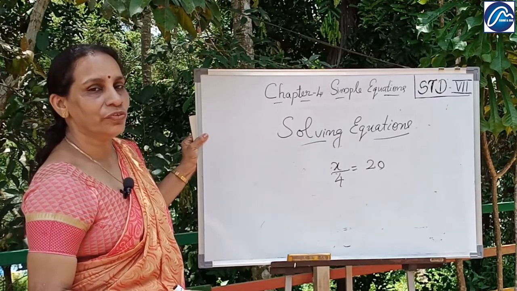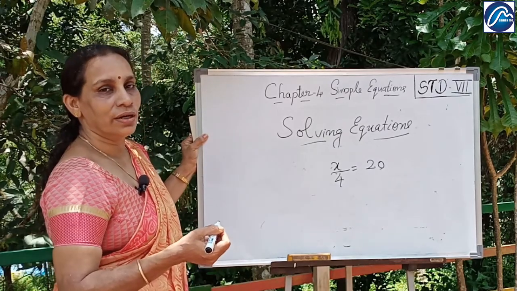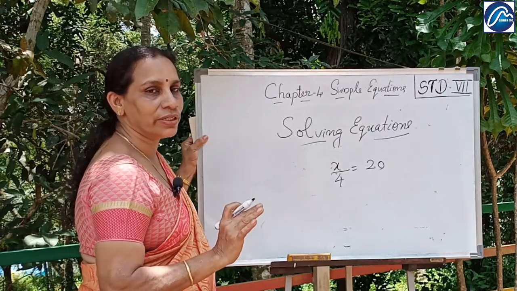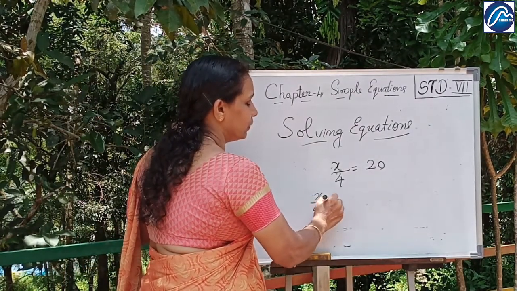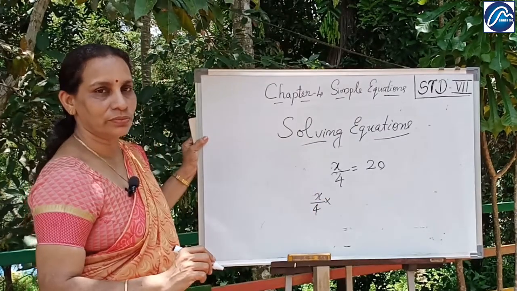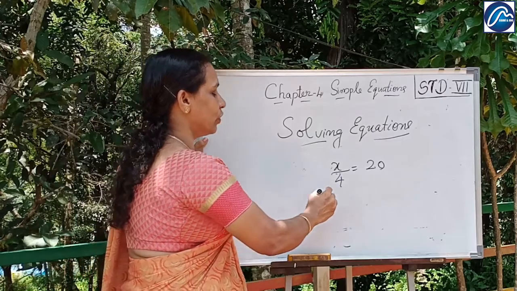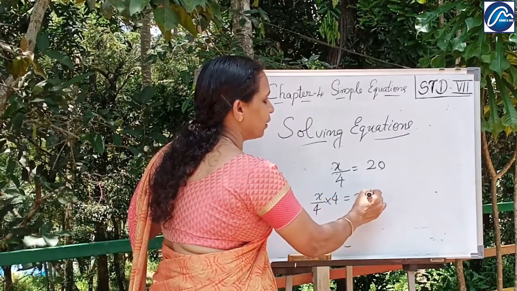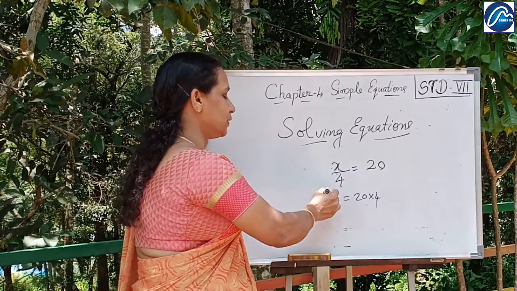If you want to remove the 4 from here so that only the variable remains, we want to get only the variable, so the reverse operation of division by 4 is multiplication. So you want to multiply. Right hand side also you are multiplying with the same number. Okay. So what is the result here?